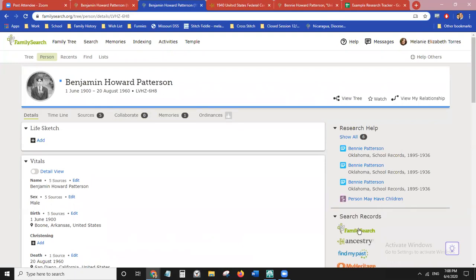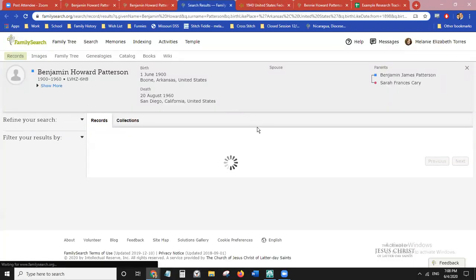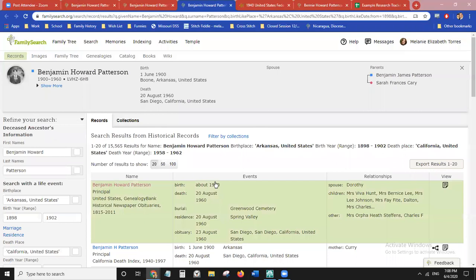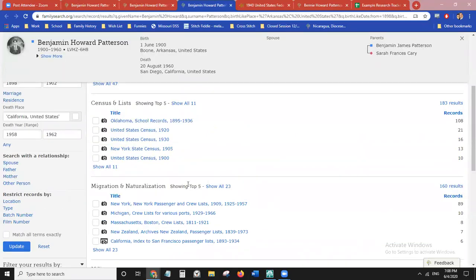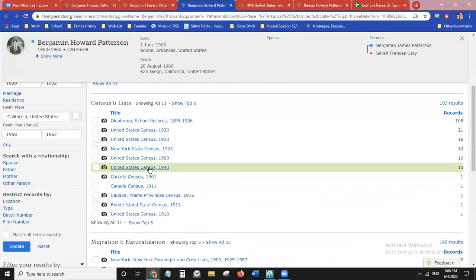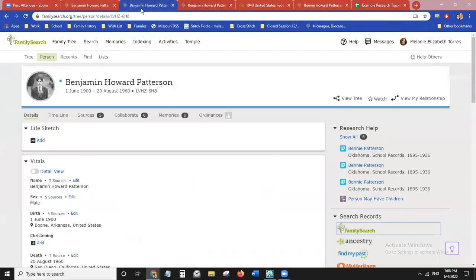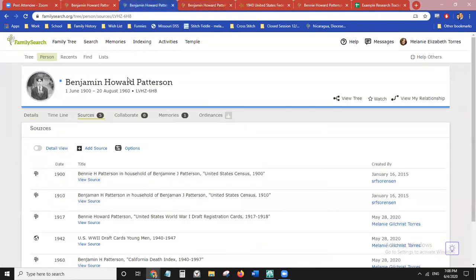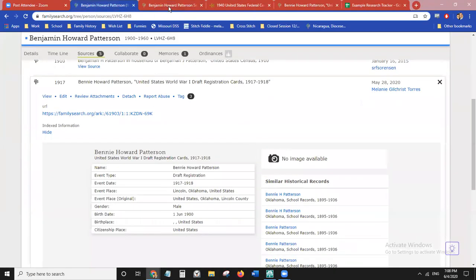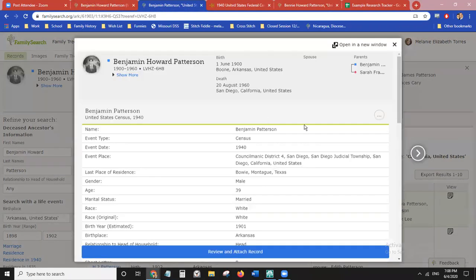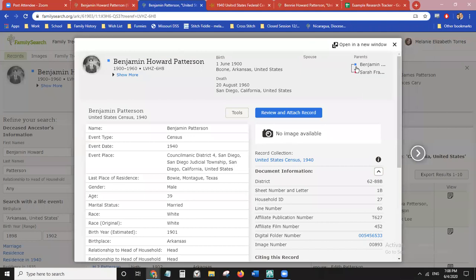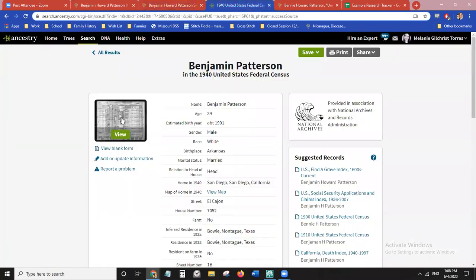Let's try that again and see if the images show up. Sometimes the servers get a little funky and have a hard time pulling up images. So on his sources, we have, okay, yeah, the images are being weird right now. I'm not sure why that is, but we have it here on Ancestry.